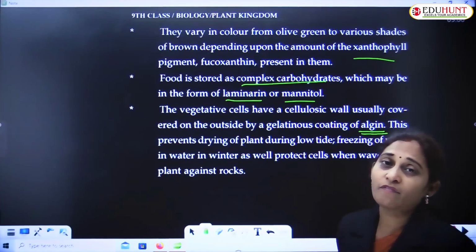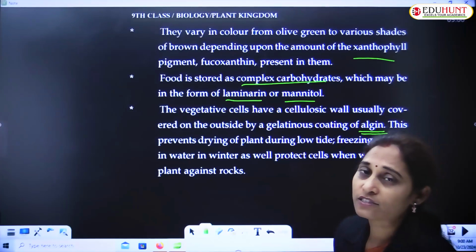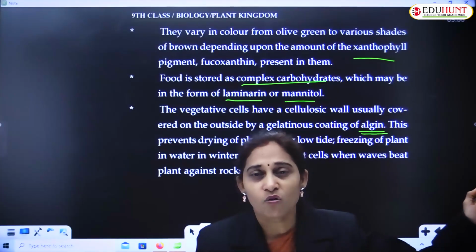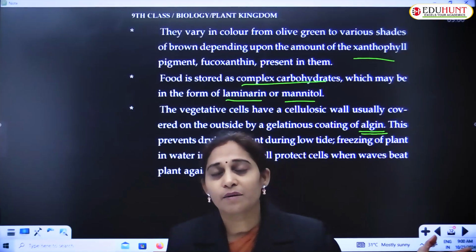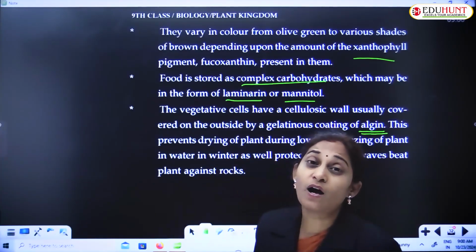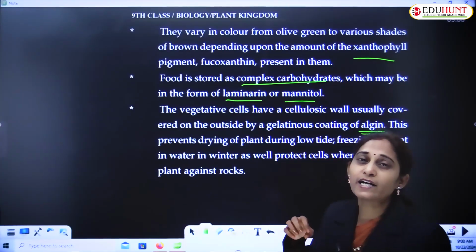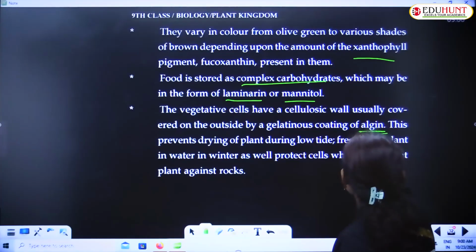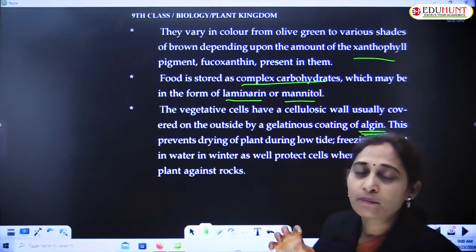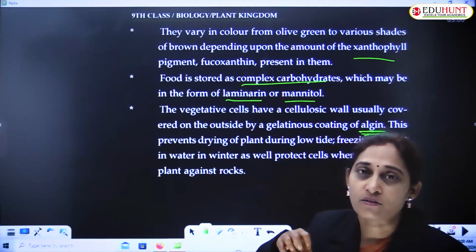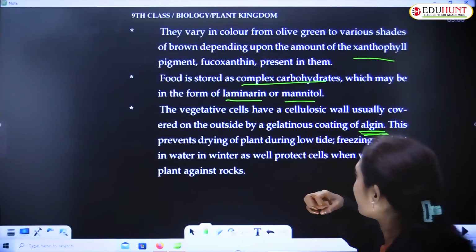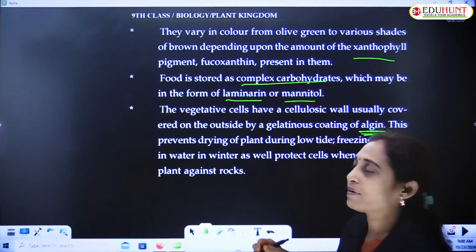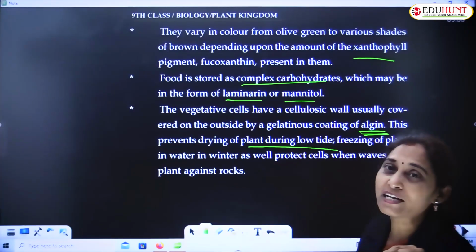At that time they may face dry conditions. అప్పుడు ఈ ఆల్జిన్ అనే కోట్ డెసికేషన్ నుంచి ప్రివెంట్ చేస్తుంది. It prevents the cells and the plant body from drying. This prevents drying of the plant during low tide.